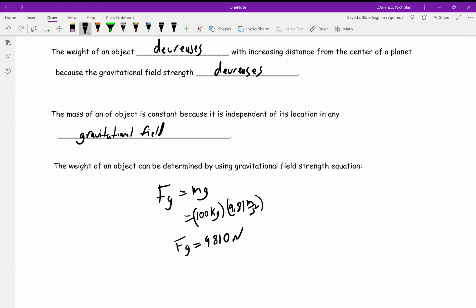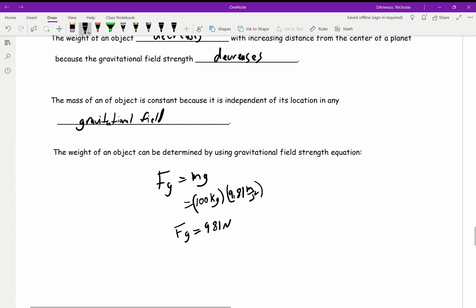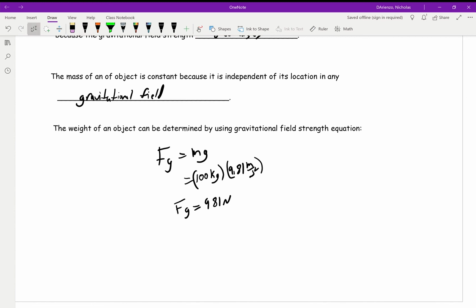Excuse me, it's 981 newtons. That would be towards the surface of the Earth. So this would be on Earth because we have an acceleration of 9.81 meters per second squared.